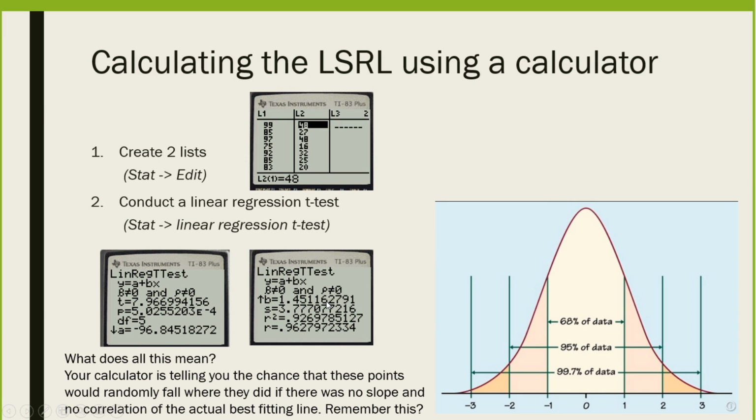If you just need to find a best fitting line, then you can skip straight to your linear regression t-test. That'll give you your best possible linear function and the probability of getting a linear function with that slope if the actual correlation is 0, which is your p-value.